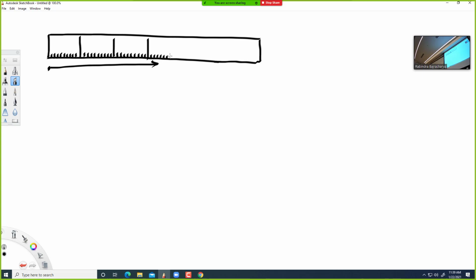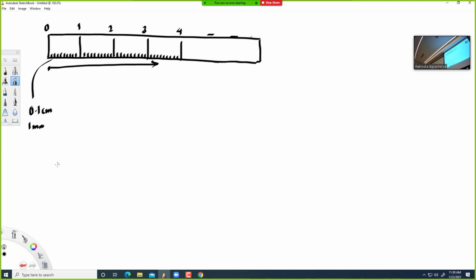So this is 0, this is 1 centimeter, 2 centimeter, 3 centimeter, 4 centimeter, and so on. And this is 1/10 of the centimeter. Each of these divisions is 1/10 of the centimeter, or you can also call it 1 millimeter.